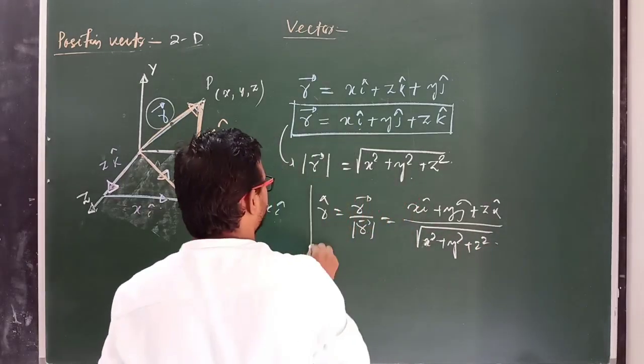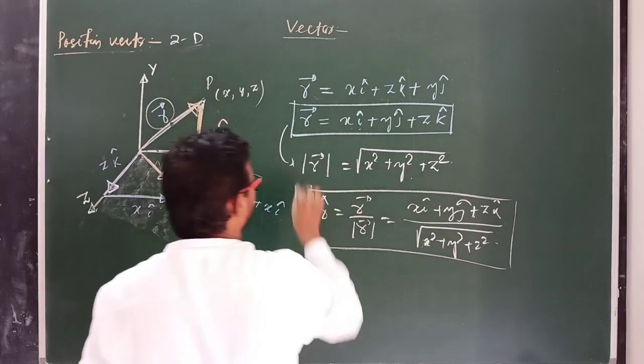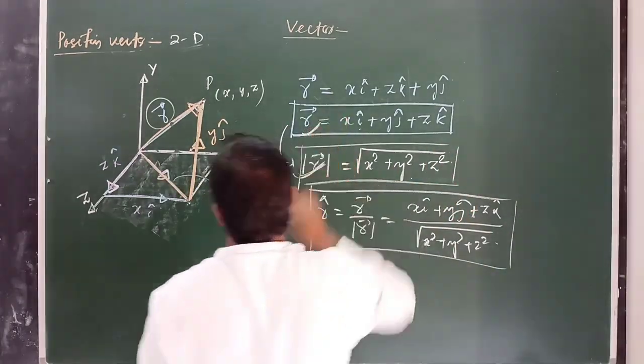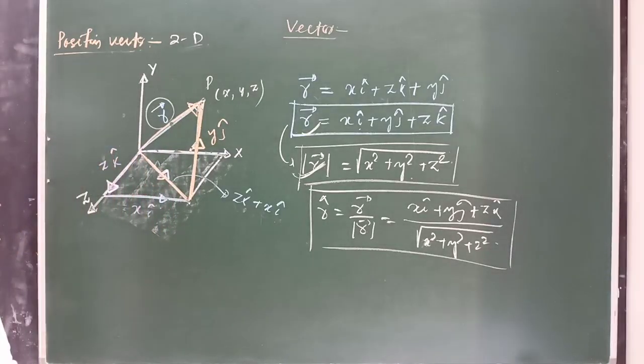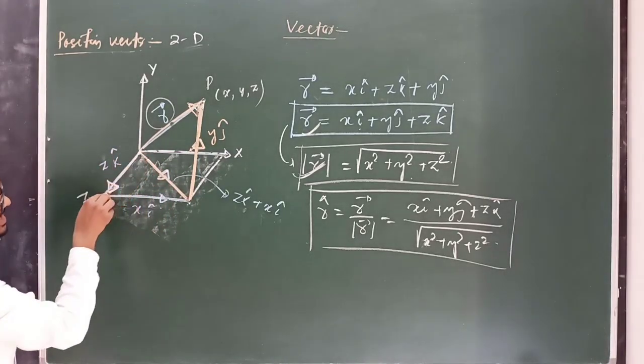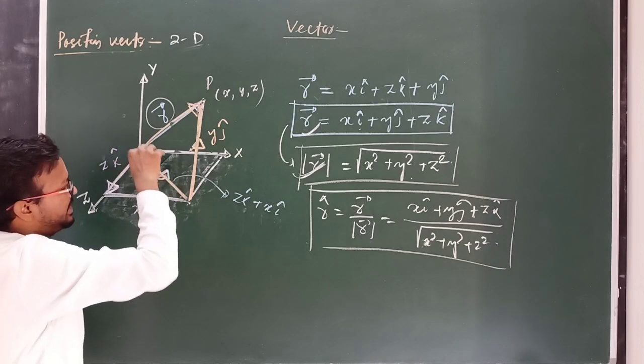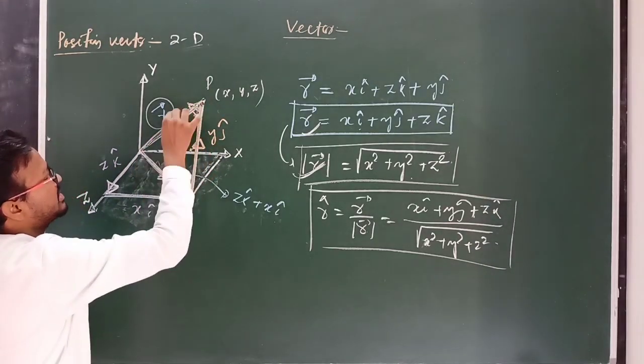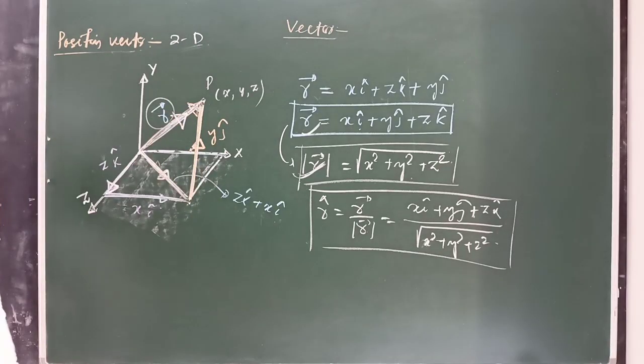This is the unit vector, this is the position vector magnitude, and this is the position vector in the three-dimensional case. Clear? So first along this direction and this, which give a resultant, then this direction and this, then we get a final resultant which represents the position vector in the three-dimensional figure.